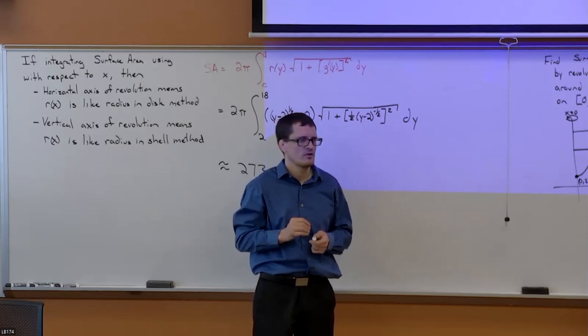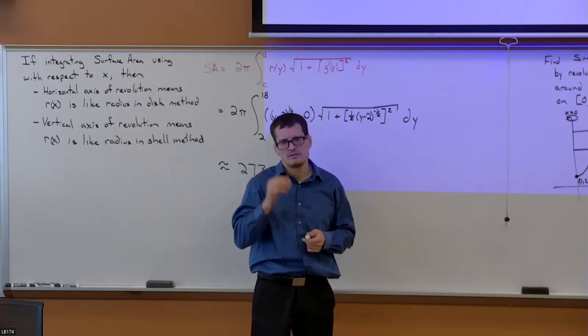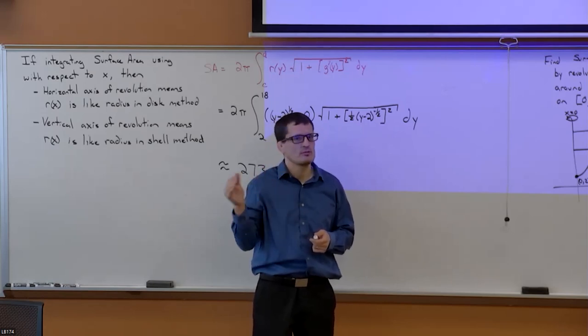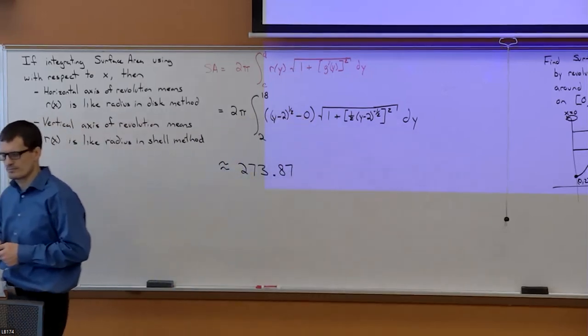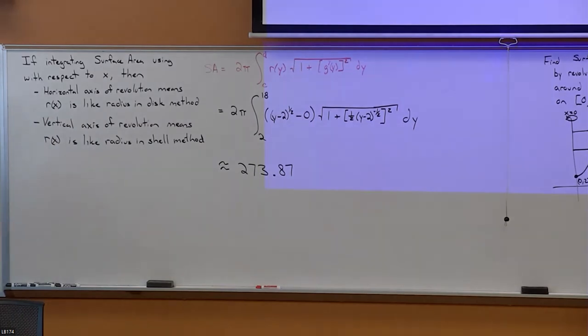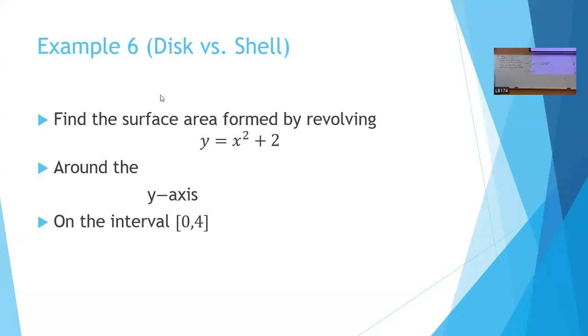Most times, when given a problem, people think of y as a function of x. We use x as our variable. All right? Making sense? Either way, we get the same answer, but one way is just shorter than the other. And in this case, integrating with respect to x was the shorter, quicker method in this example 6.